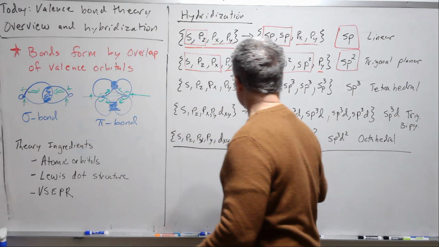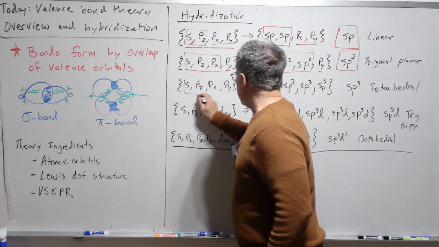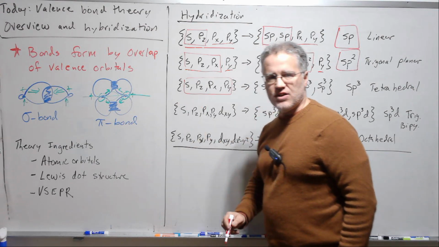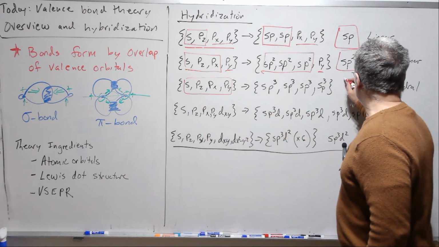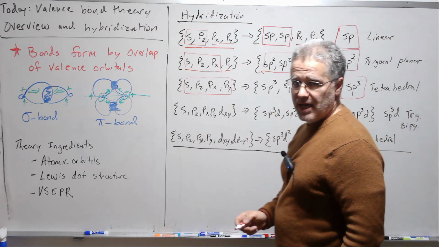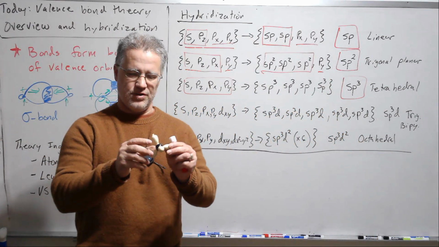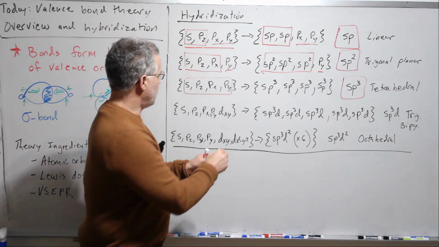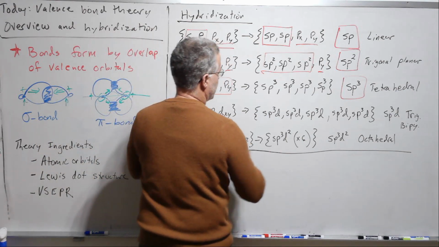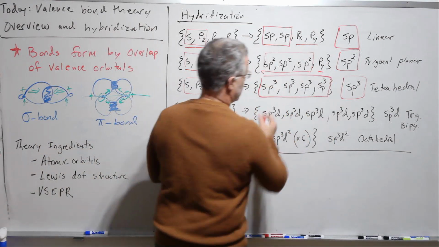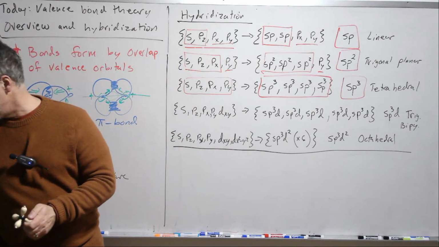All right, well, let's move on. Now, if we hybridize the s and all of the p's, then we get something called the sp3 hybridization scheme. And that's necessary to make four orbitals. We make four new orbitals, all of them sp3. They're all equal now.